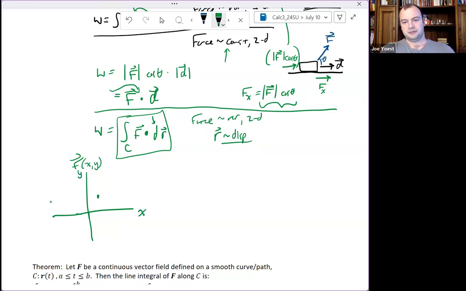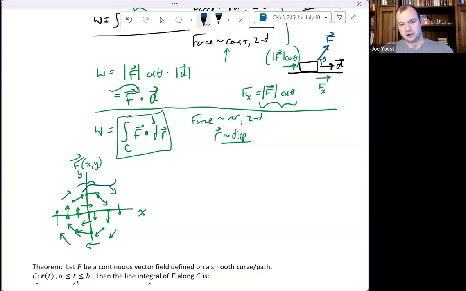So maybe I have something like this. Maybe this is my force, and maybe I have some curve over which I'm moving this box.